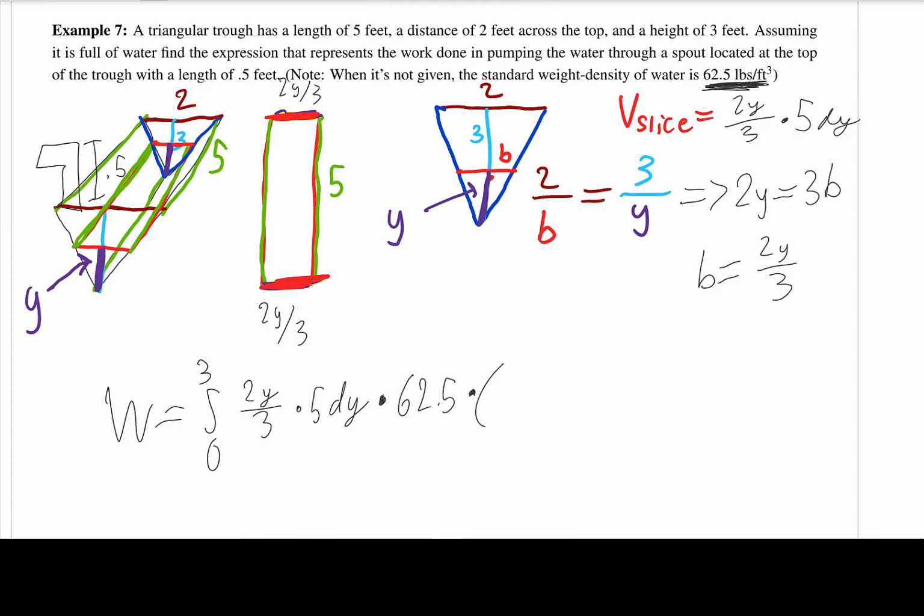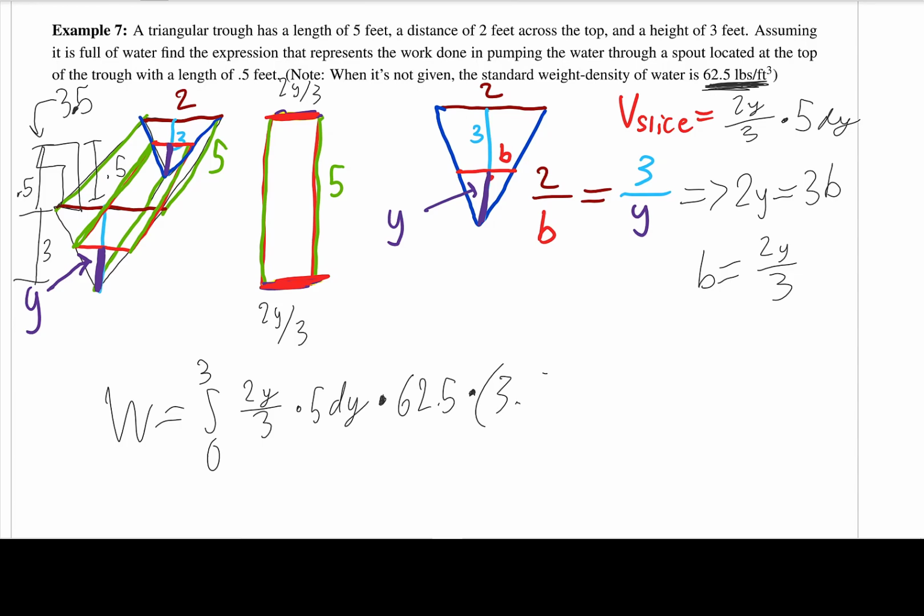Now remember, distance is the distance from our slice, the height of our slice inside the tank, to wherever we're pumping the water out of. So if we have a height of 3 for our tank, and then this goes up another 0.5, I know this isn't drawn to scale, then this total height is 3.5.